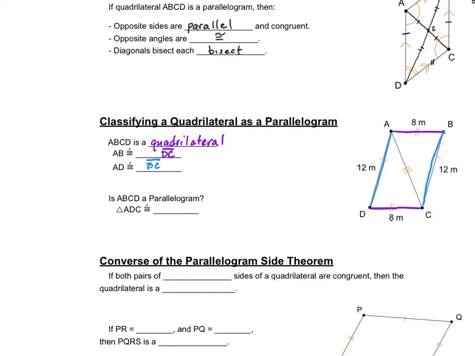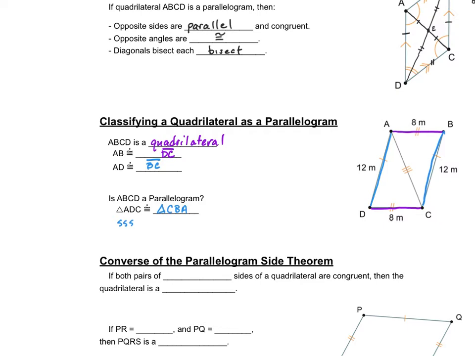And looking at it using our side congruency, we know that triangle ADC should be congruent to CBA. So there we go. It looks like that diagonal AC has created two congruent triangles.